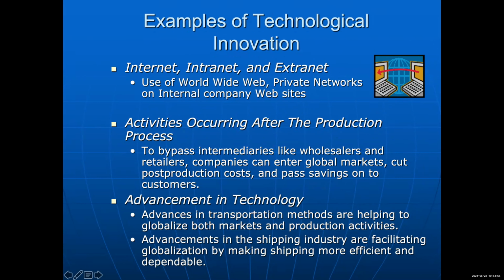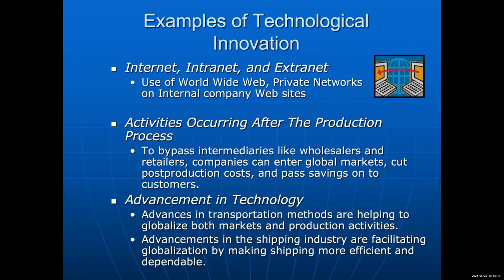Companies can enter global markets, cut post-production costs, and pass savings on to customers. In other words, some persons don't necessarily need to go to a wholesaler in Jamaica. They can buy directly from the company, or they can buy from Amazon, or buy from Apple itself. And we know that there are so many different advancements in technology.